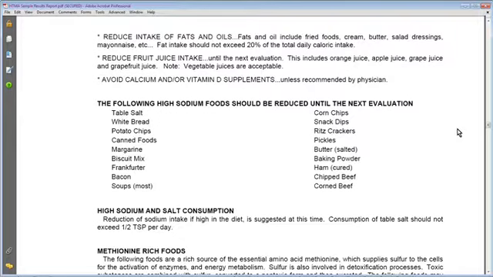Consumption of table salt should not exceed 1/2 teaspoon per day. And I would say that that is also the recommended dosage of the Celtic sea salt that I was discussing earlier. Maybe you can go a little higher, but by all means, please stop using table salt completely.